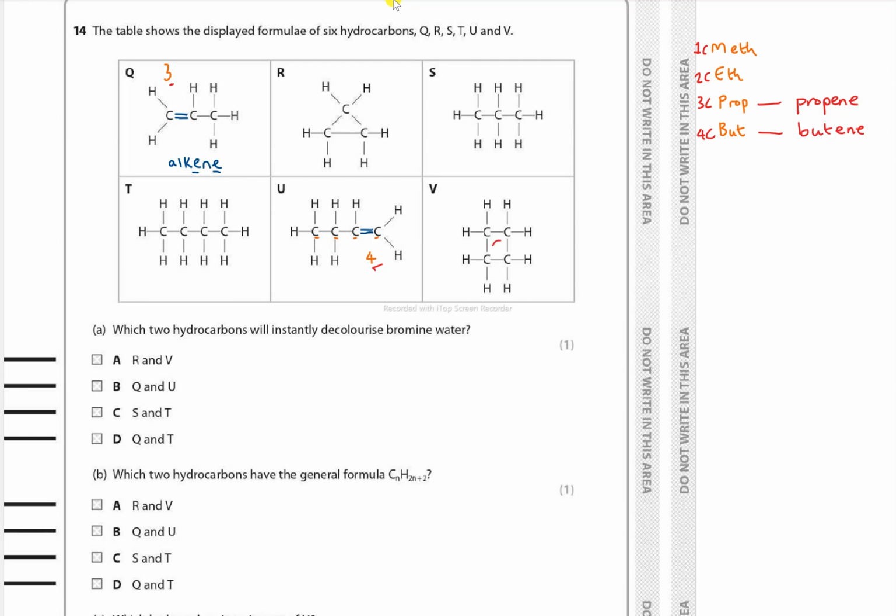Right, this is a weird one. Cyclic. We're not interested in those at this level. We're just interested in these. So this is 1, 2, 3, 4. 1, 2, 3. So from here, the 3 will be propane.